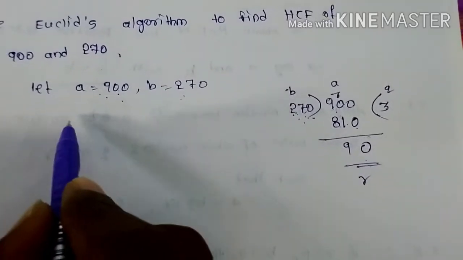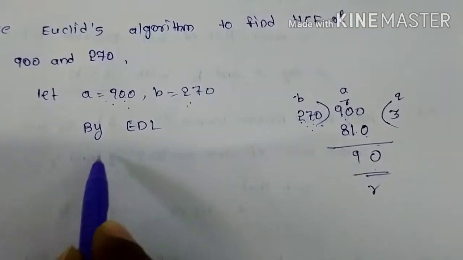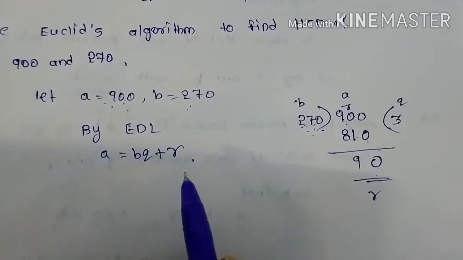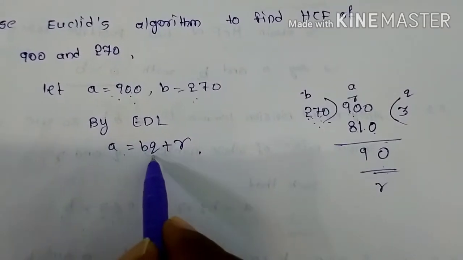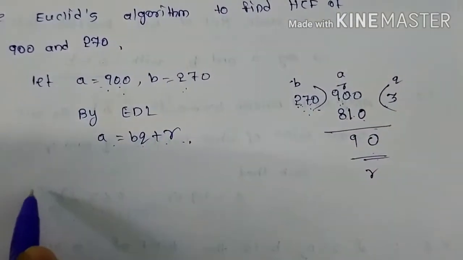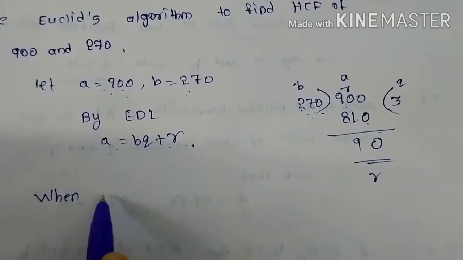Now already you know by Euclid division lemma, you know that A is equal to BQ plus R. Each and every time you have to remember A is equal to BQ plus R. Now what we have done here, see 900 you can write here. Every time you need to write the steps for easiest purpose.